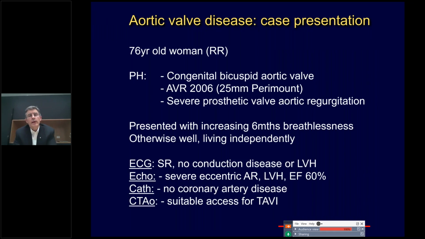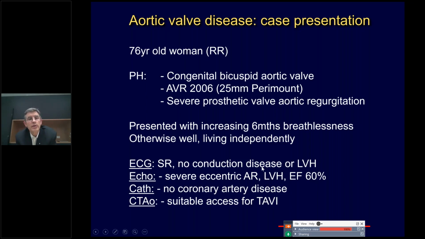So finally, I want to finish with one other concept, and I'll use this patient to illustrate it. This is a 76-year-old lady who had a congenitally bicuspid aortic valve that was treated surgically 14 years ago with a Perimount valve, and she presented with breathlessness again due to dysfunction, degeneration of that aortic bioprosthesis.